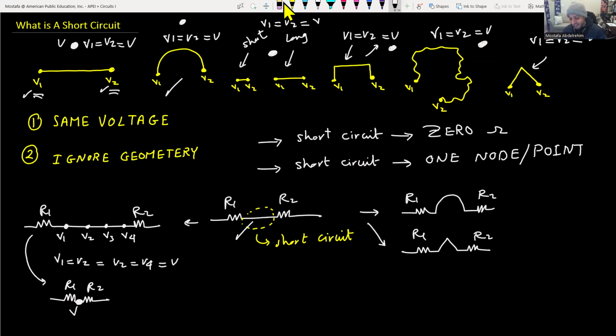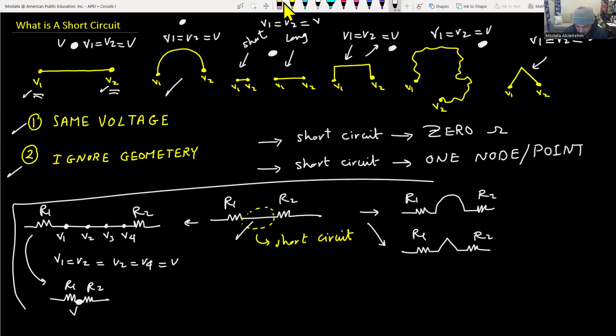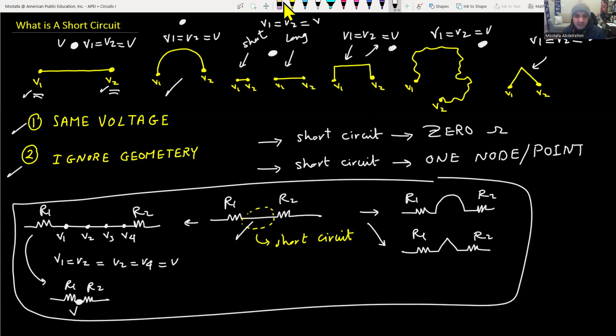But when we analyze, the concept of a short circuit must be in your mind. Again, same voltage, and ignore the geometry. As long as it's a short circuit, whatever the geometry, we ignore that. All these that I just drew here are equivalent, they are actually the same.